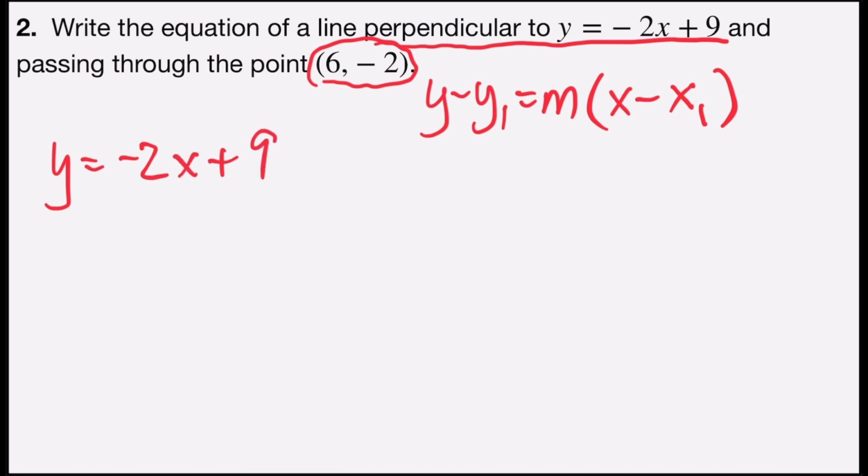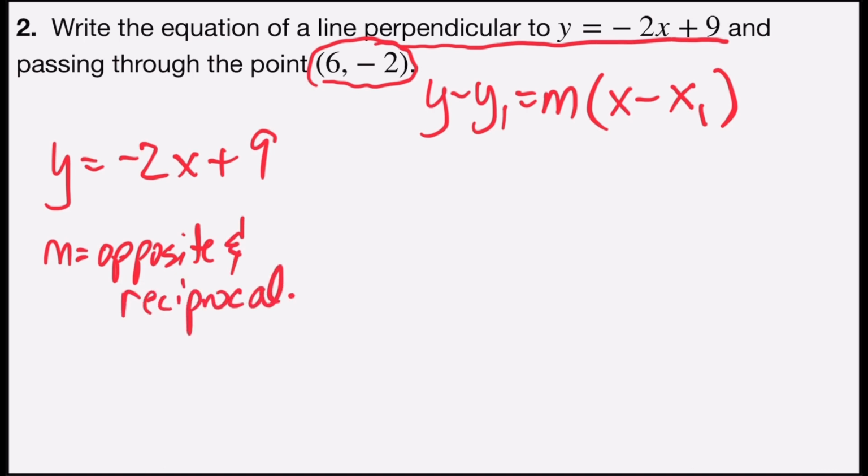Lines that are perpendicular have slopes that are opposite and reciprocal of the given line. The given line has a slope of -2. If I take the opposite of -2, I get +2.